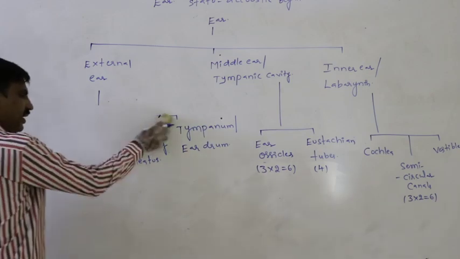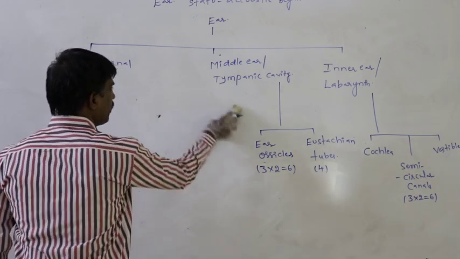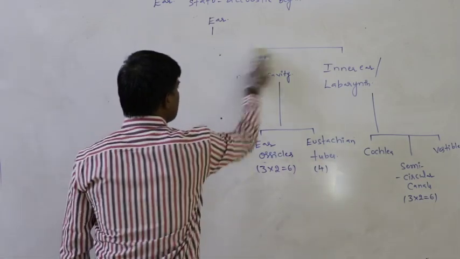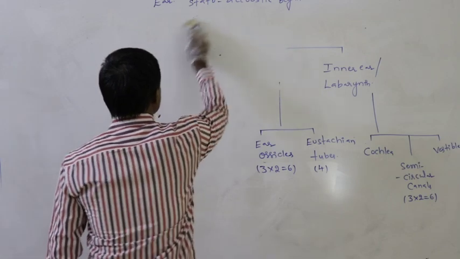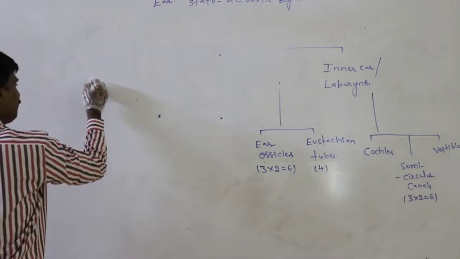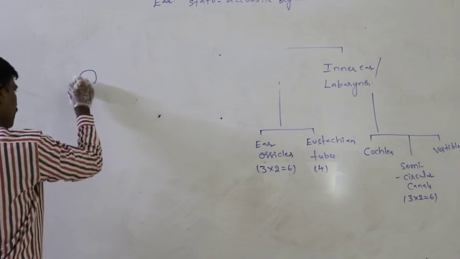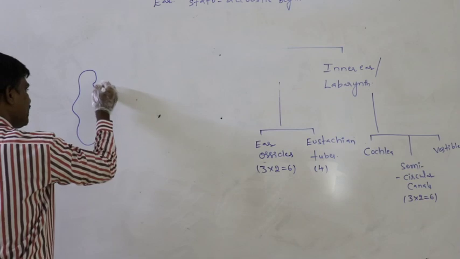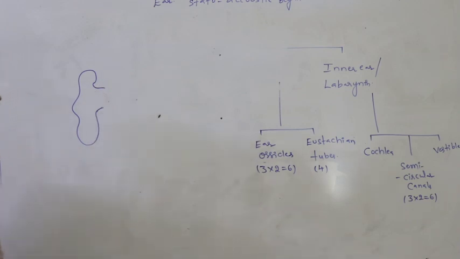In the case of the external ear, the first portion is the external pinna.